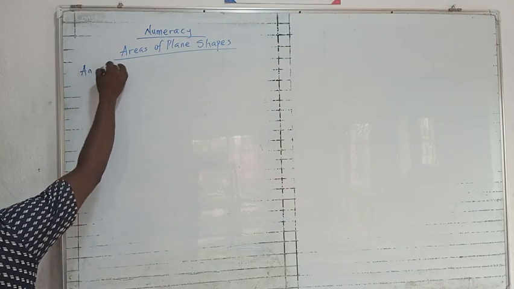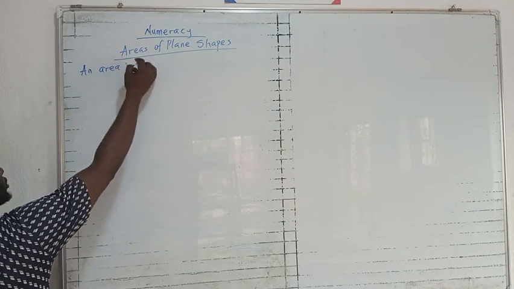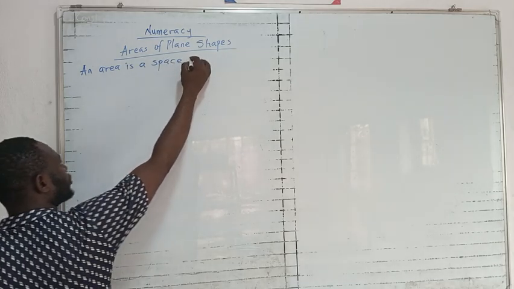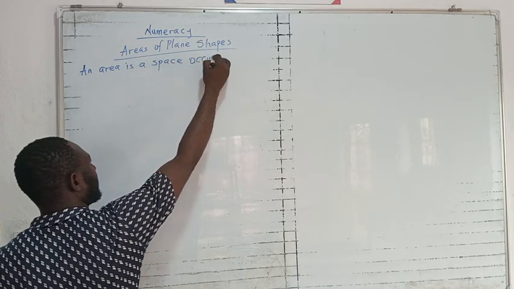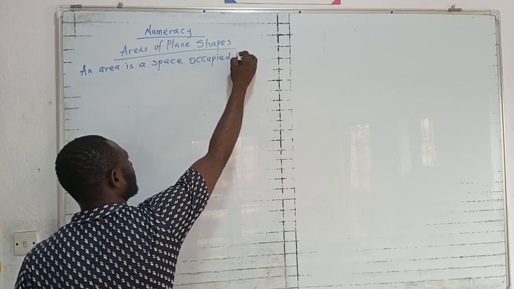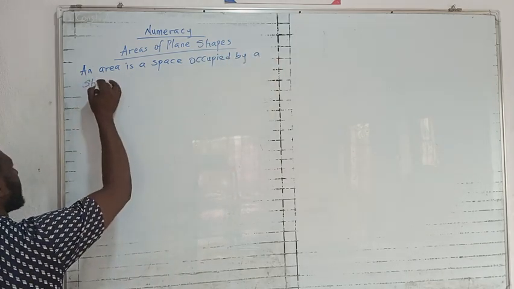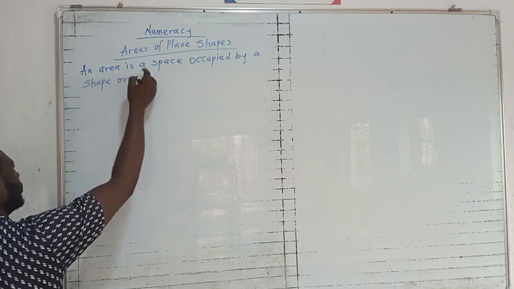An area is a space occupied by a shape or object.